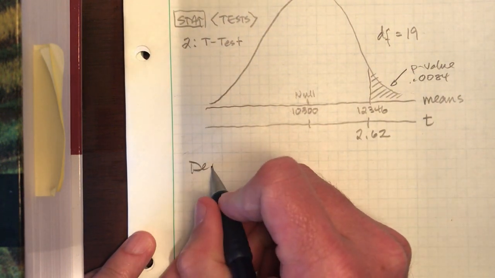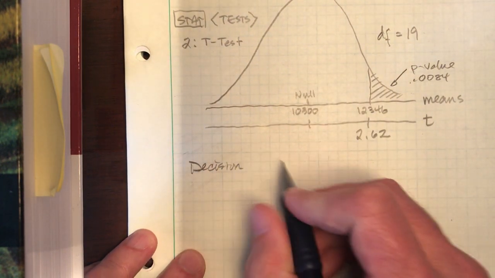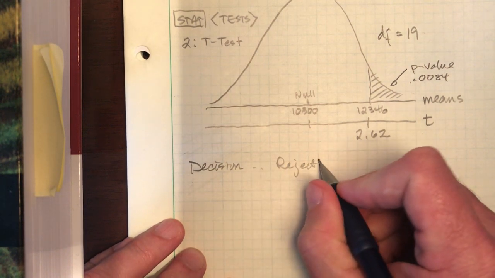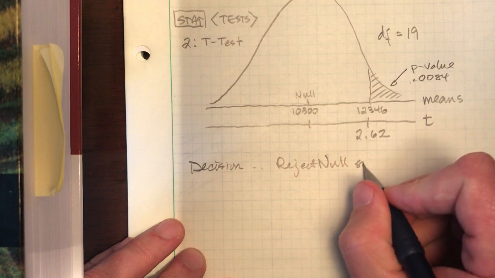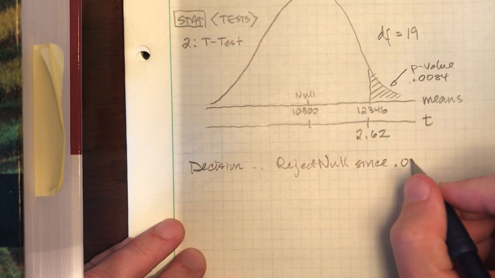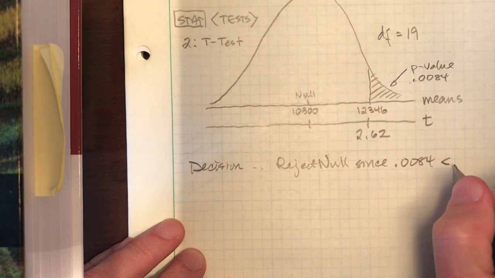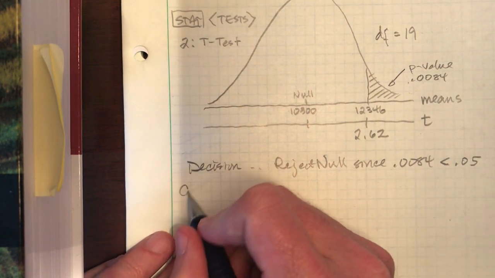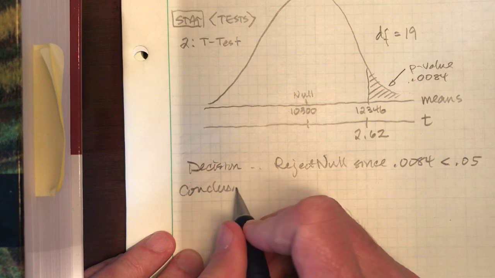We first say my decision is reject the null, since my p-value is less than my alpha level that we gave at the top. So what's my conclusion?